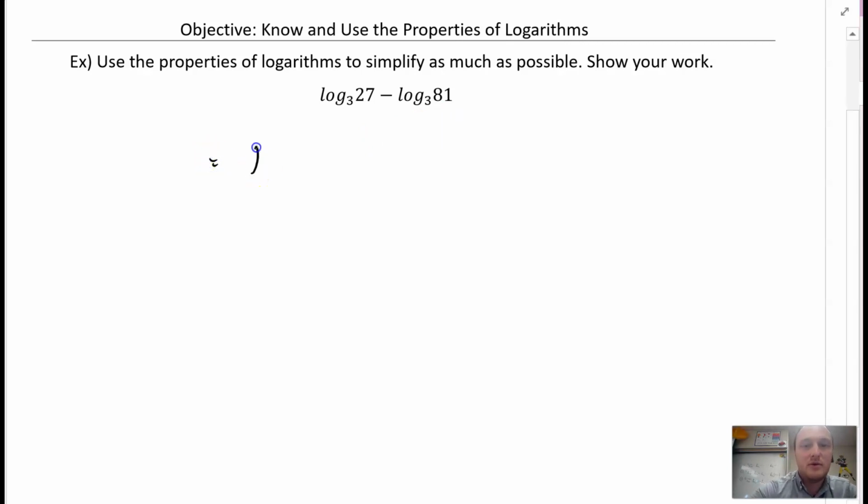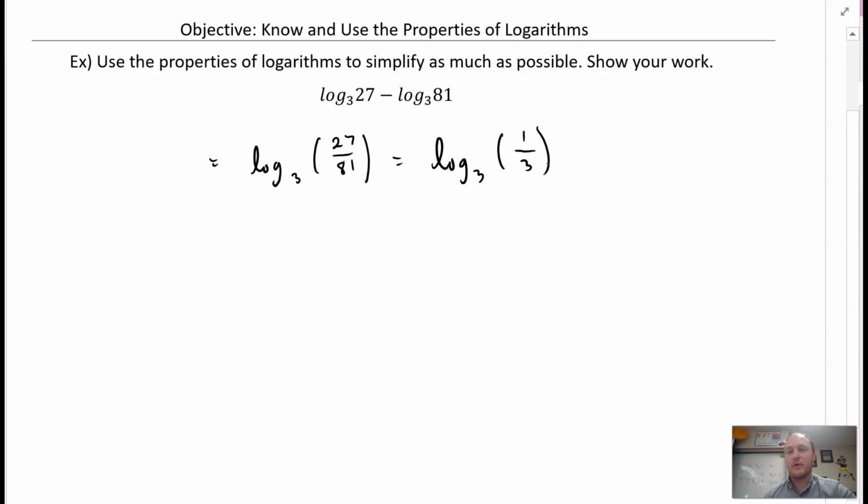So I can rewrite these as one log base 3 of the top divided by the bottom. The first minus the second becomes the top, and the second becomes the bottom. And I can reduce this. They're both divisible by 27, so that gives us 1/3.